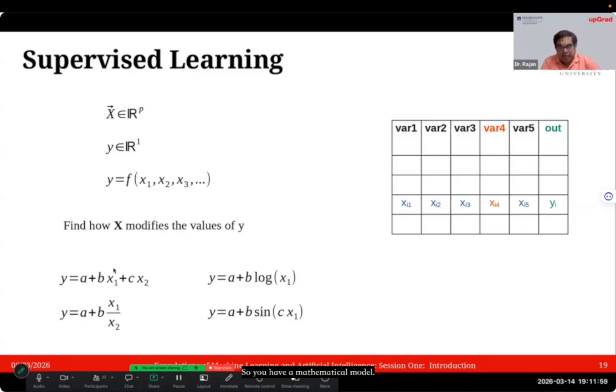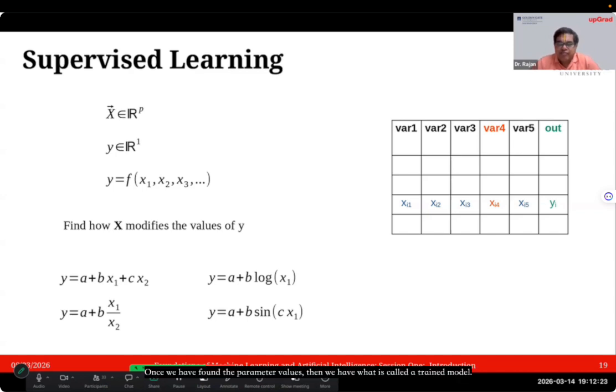So you have a mathematical model. The mathematical model is expressed in terms of the variables and the parameters, and you find the values of the parameters such that the error on the average is minimum. That process is called model training.